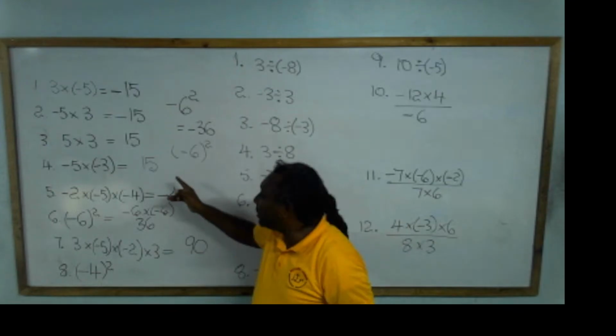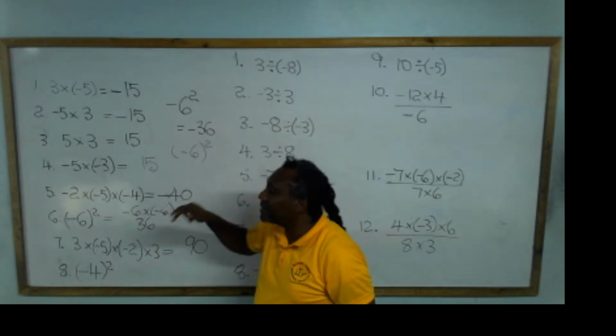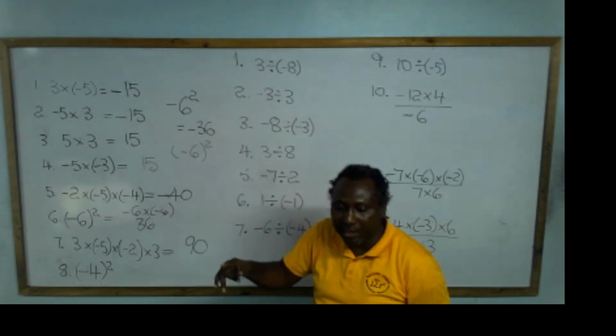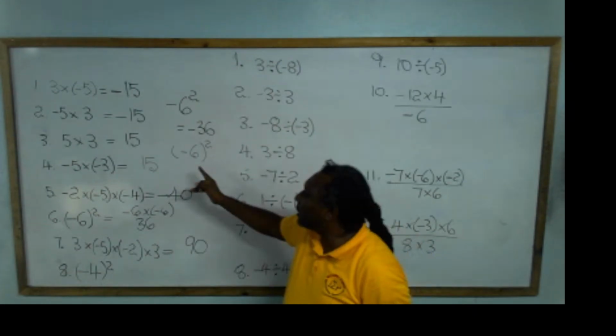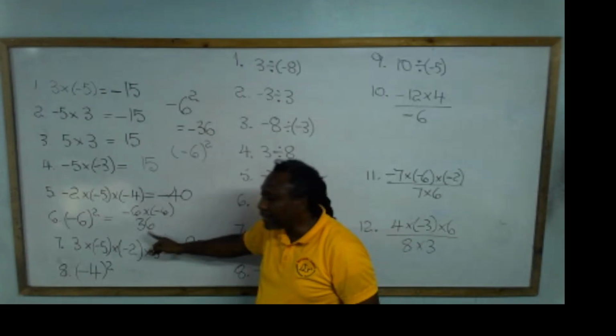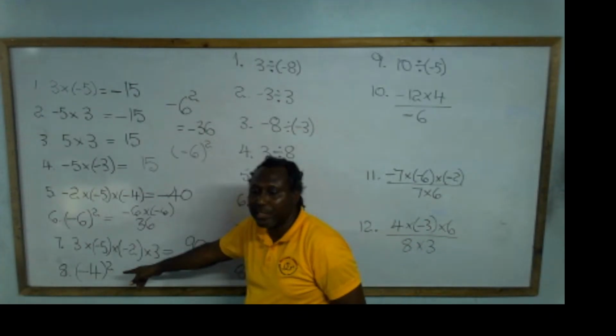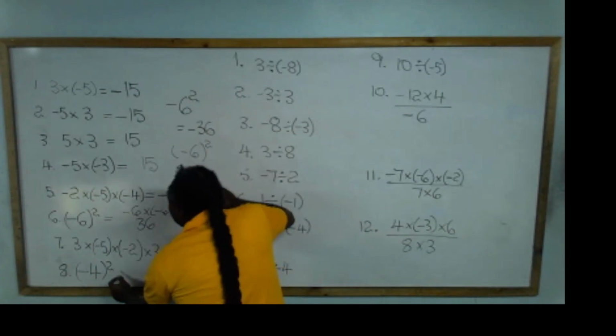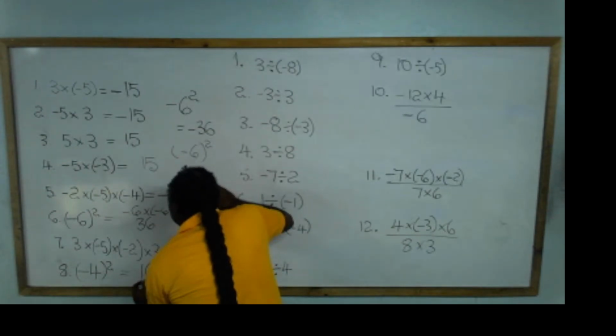Now, we may do what we call what? Solve by analogy. When we square the negative 6, we got a positive 36. Therefore, if we solve by analogy, when we square the negative 4, we're going to get a positive 16.